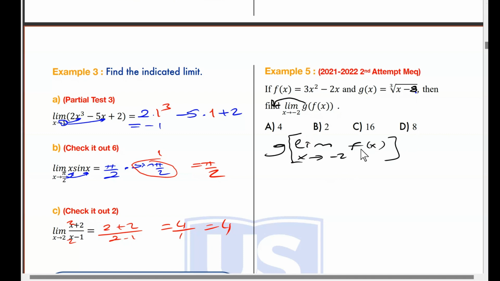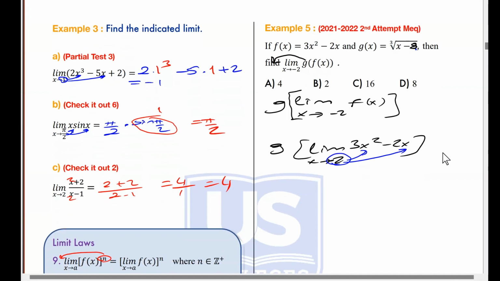So what is the function for f? Let's take a look at the question. It is given as 3x squared minus 2x. So we get back to the same point. We have the substitution technique. That's what we learned. We don't need another technique.